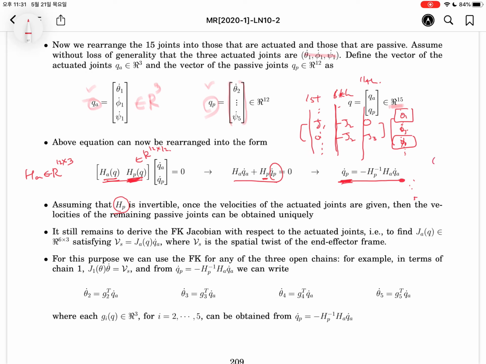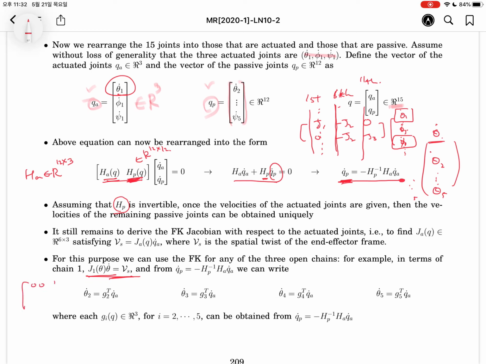in here we can collect theta 2 dot through theta 5 dot. We know theta 1 dot from the active joint. So by collecting the fifth element, we can write down this post leg twist. Okay, in here we know that the first column vector of this equation can be chosen from this one.